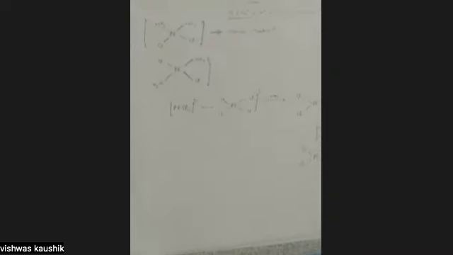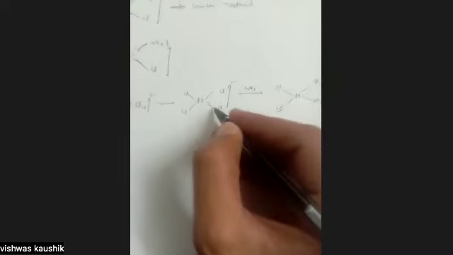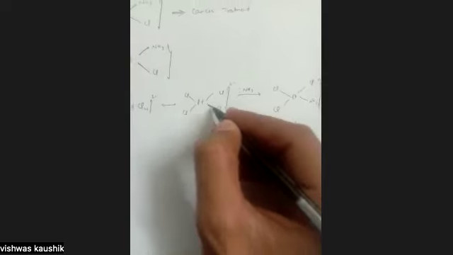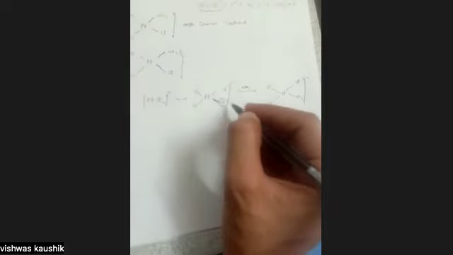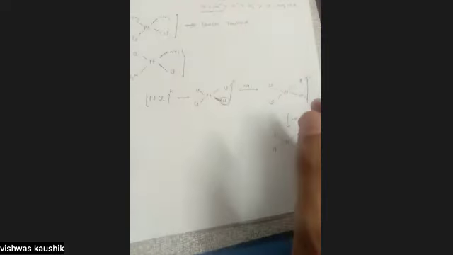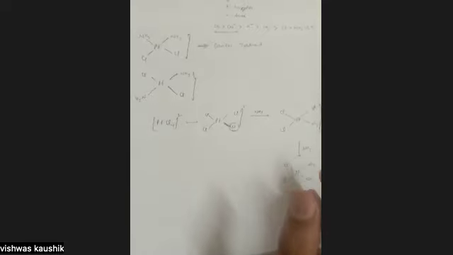Sometimes the leaving ability of the ligand also determines which particular ligand will be removed from the complex. So instead of following the trans effect series, the leaving ability of the ligand may also affect the reaction of that particular metal ion complex. So this is one limitation, sir.